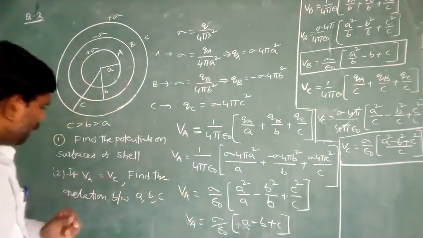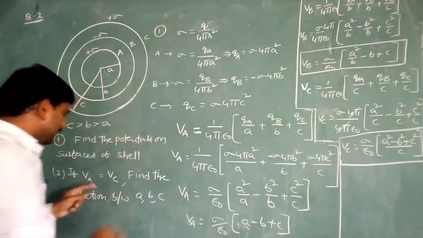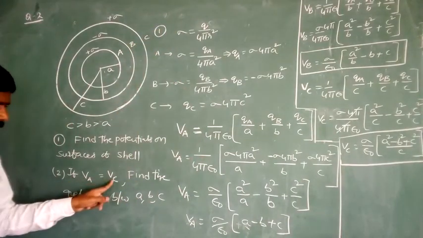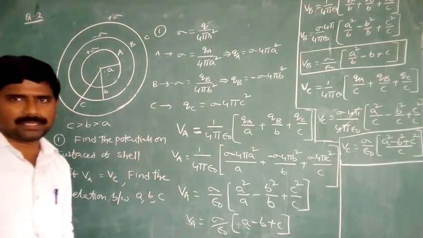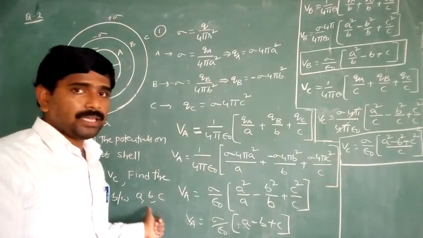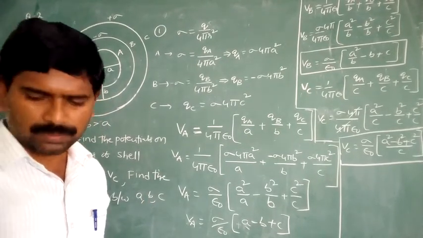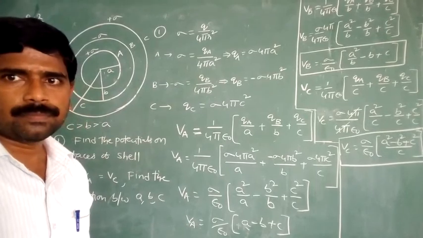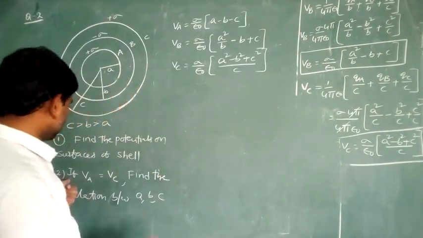So still the problem is not complete. This is the first one. For the second one, if Va is equal to Vc, then find the relation between A, B, C. Observe right now, second one.